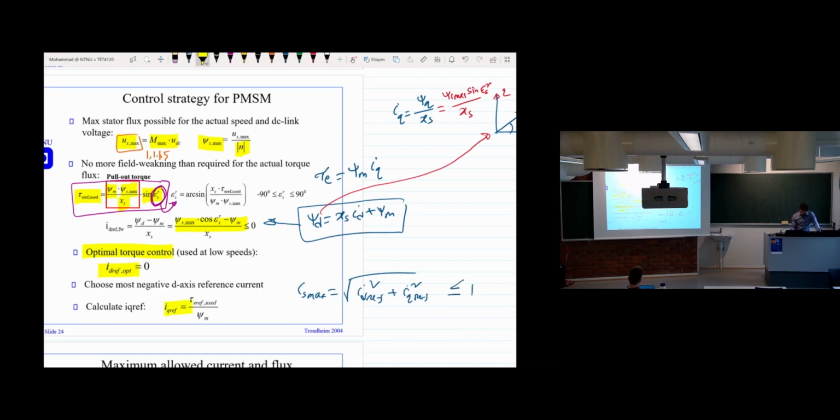That's how we implement the control for a surface-mounted PMSM machine. First step, calculate psi max, and the next step, calculate the stator flux angle, and based on that, calculate the Id ref. If Id ref is negative, then take that one. If it's positive, then put it to 0, and then calculate the Iq ref. That's how we design the control in the software for a surface-mounted PMSM machine.